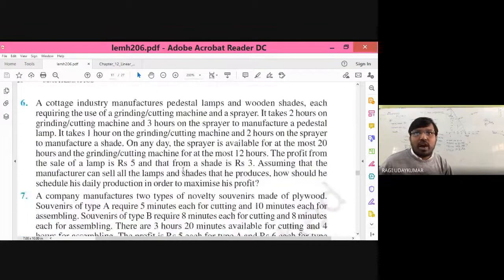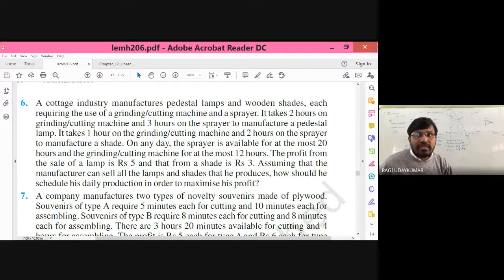And coming to the next, all the problems are simple only. The 6th question: a cottage industry manufactures pedestal lamps and wooden shades, each requiring the use of a grinding/cutting machine and a sprayer. It takes 2 hours on the grinding and cutting machine and 3 hours on a sprayer to manufacture a pedestal lamp.